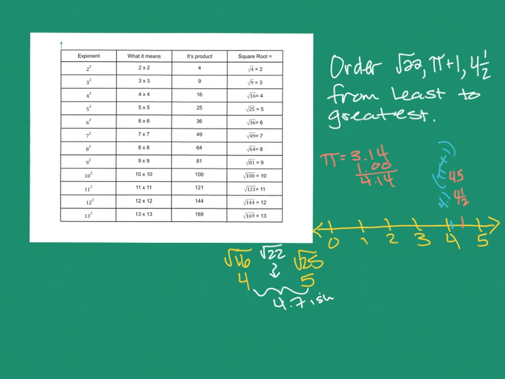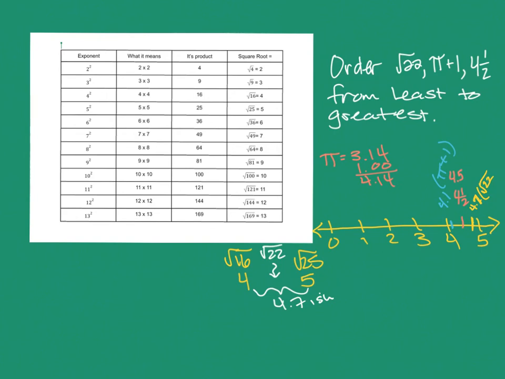But I can tell that it's higher than 4.5 because this is so much closer to that than it is to that. So as long as it's 4.6 or higher, I'm good. So I'm going to put over here 4.7-ish, which is our square root of 22.